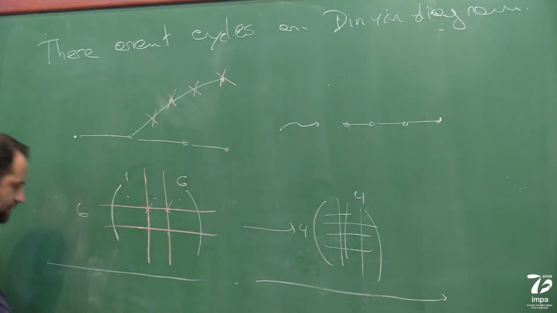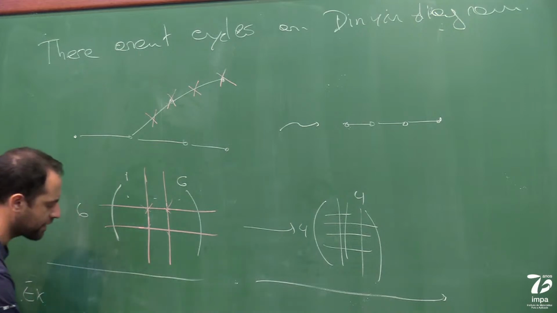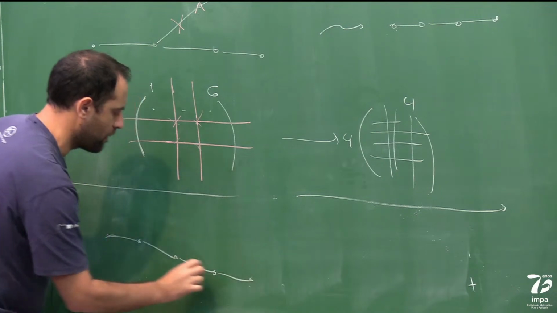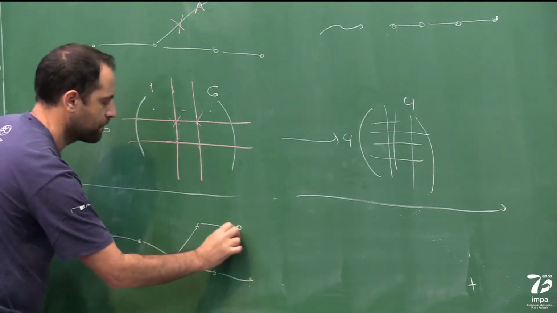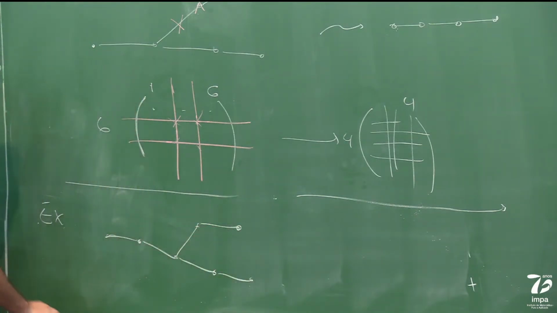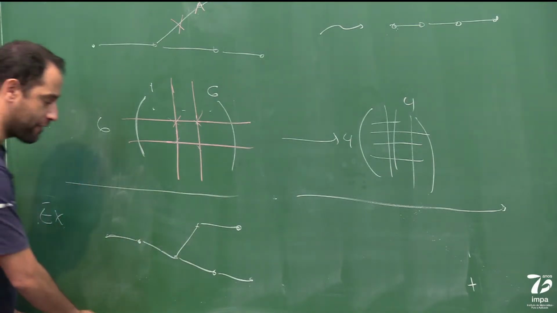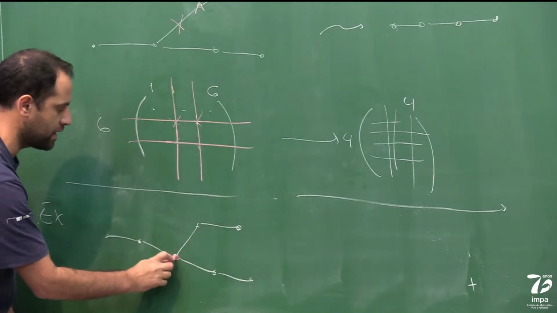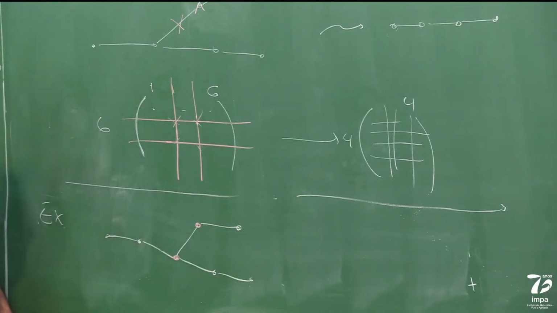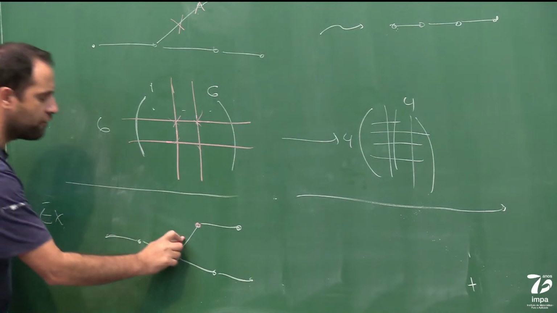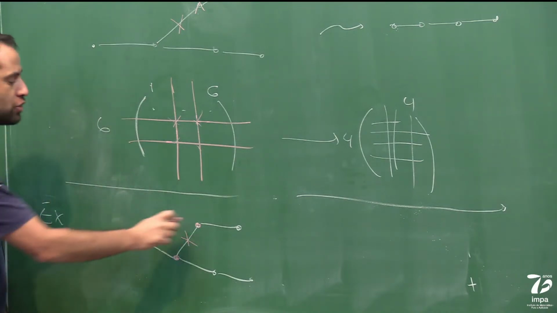But the exercise is that if you have a Dynkin diagram that is an allowed Dynkin diagram, whatever the Dynkin diagram is, and you have 2 nodes that are joined by 1 arrow, let's say this node here and this node here, then what you can do is remove the edge and join the 2 nodes.